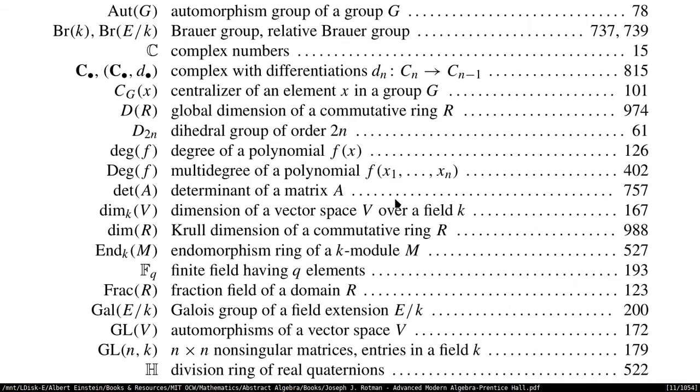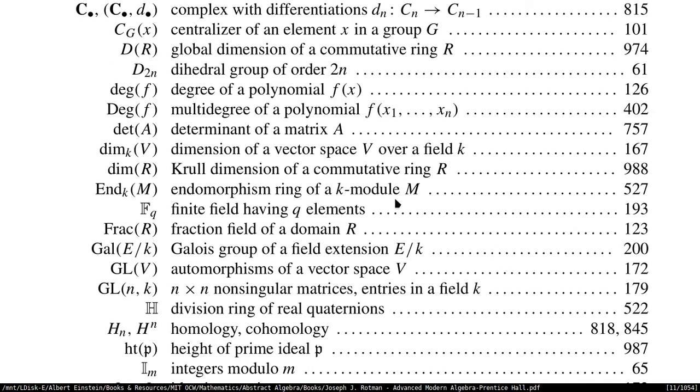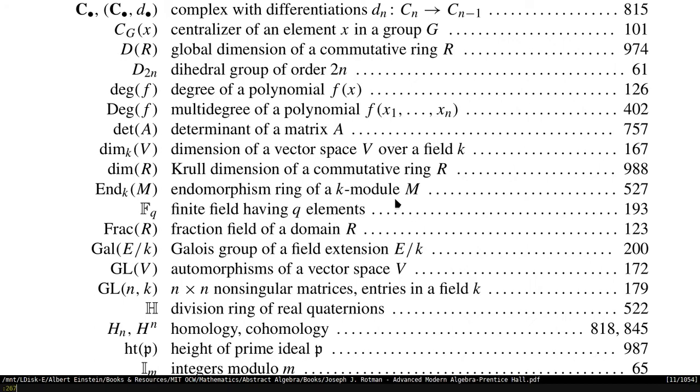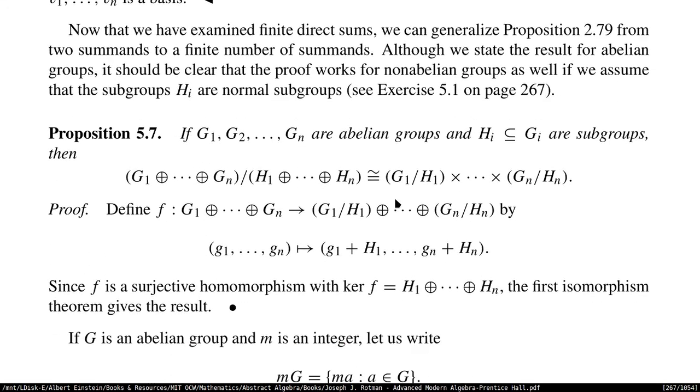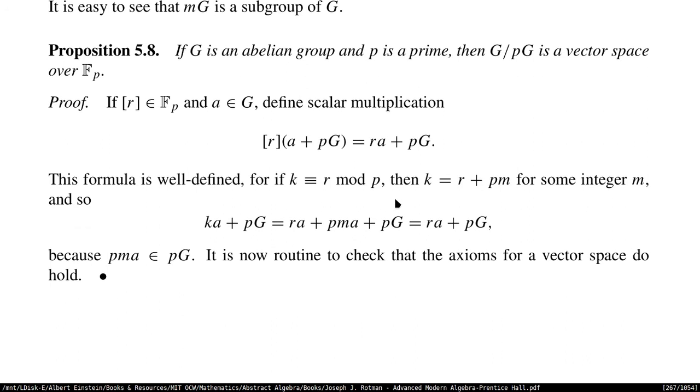Right, a finite field having q elements, that's F_q. So he's saying that G mod pG is a vector space, right? And this, as JP remarked, is going to be used in the basis theorem soon enough.